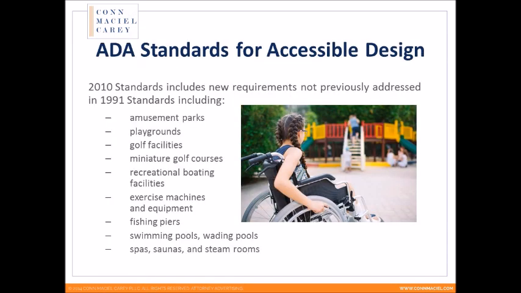It's important to know as well that the ADA standards for accessible design that came into effect in 2010 and 2012 added a number of new requirements within places of public accommodation that previously had not been regulated. So places like amusement parks, exercise machines and fitness equipment, swimming pools, spas and saunas, golf facilities and playgrounds.